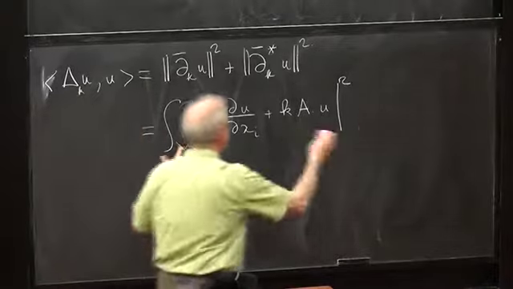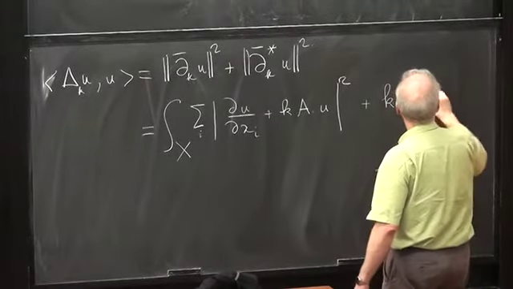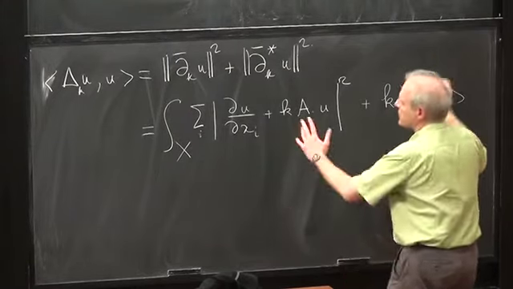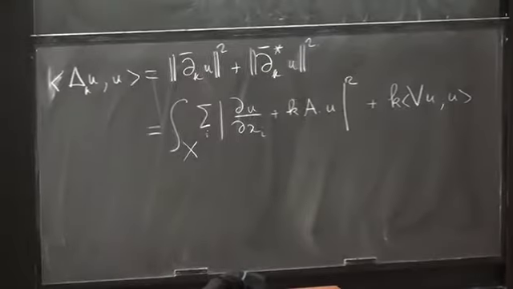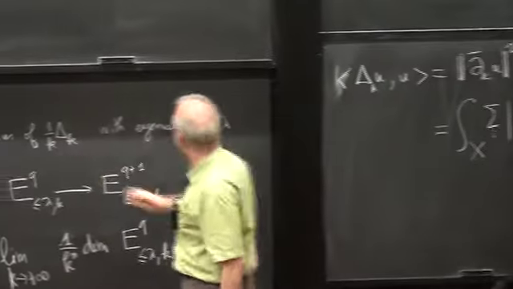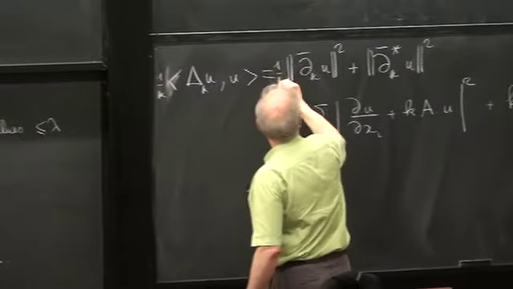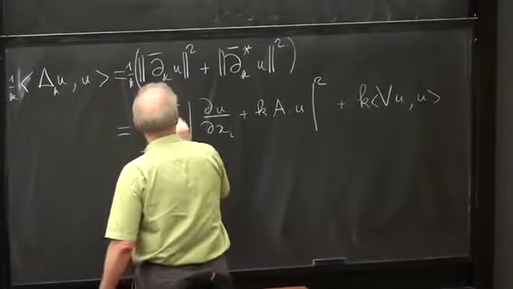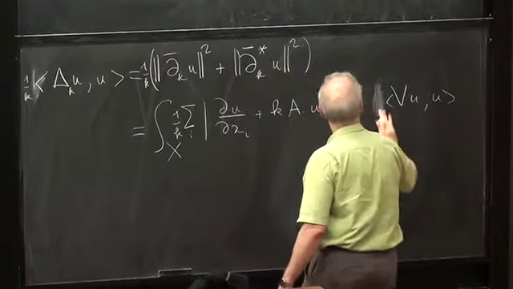So you have some potential here, plus k times V, it's a Hermitian operator, and then you integrate. But now this is the reason why I renormalized. So I put 1 over k. Okay, so you have 1 over k here, and now this k disappears.